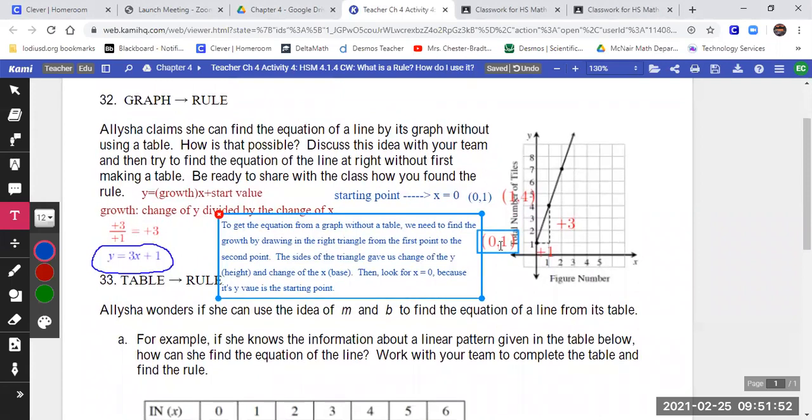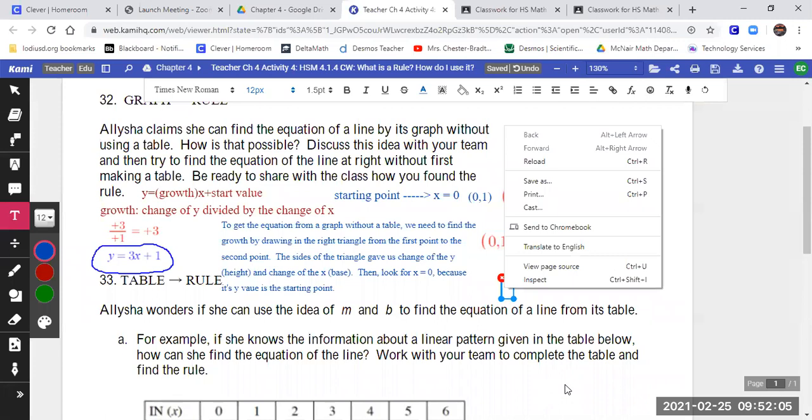Alyssa wonders if she can use the idea of M and B, we'll talk about that, to find the equation of the line from the table. So now this M and B stuff that she's talking about.